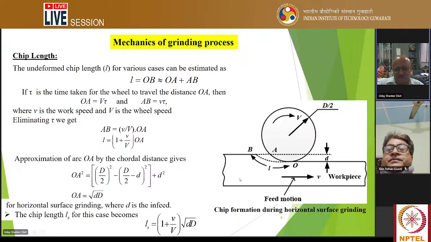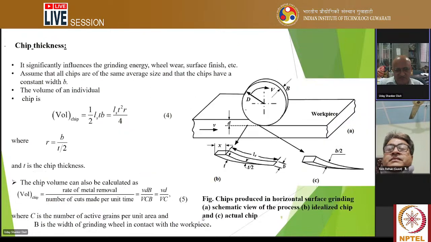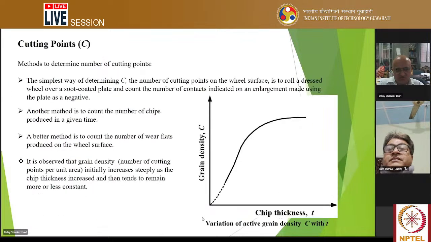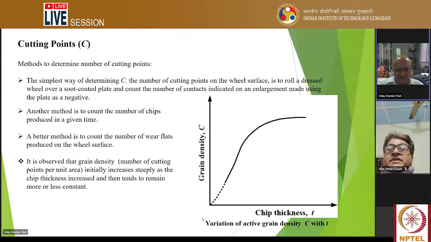And this is the mechanics of grinding, how the cutting takes place. So it is similar to milling, and therefore you get expressions also like milling. Chip length is proportional to depth of cut, and it is proportional to diameter, and it is this one, chip thickness. So cutting points, that means how many cutting points are there per area, and here it is also described how we measure.